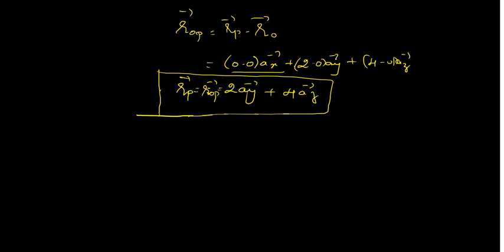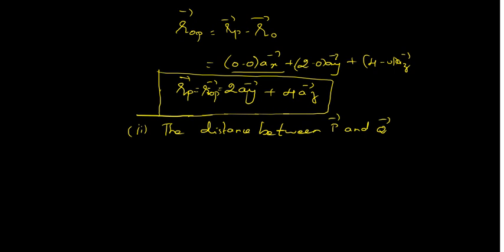Then the second one, the distance between P and Q. So here, you know, RPQ is the distance vector between Rp and Rq vector.